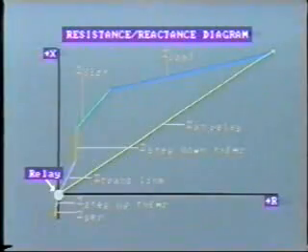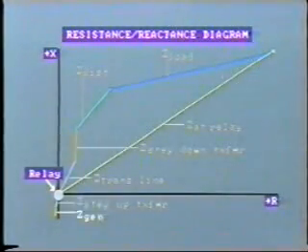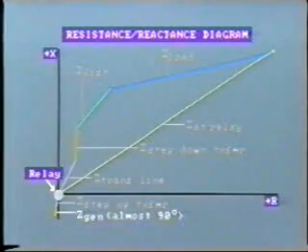Now, let us plot on a resistance-reactance diagram impedance as seen by a relay located after the generator step-up transformer. First, we have here the impedance of the generator. This is quite a low value and also consists mainly of reactance, as can be seen from the large phase angle.